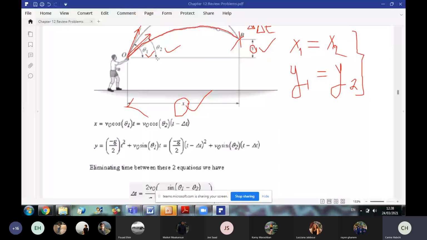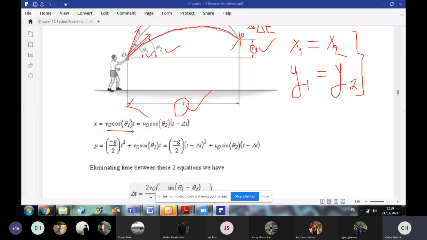Now, the other difference between the two particles is that the time of throwing is different. First, we throw the first particle at an angle theta 1, then we throw particle 2 at angle theta 2. So the first difference is the angle: here it's v0 cosine theta 1, here it's v0 cosine theta 2.